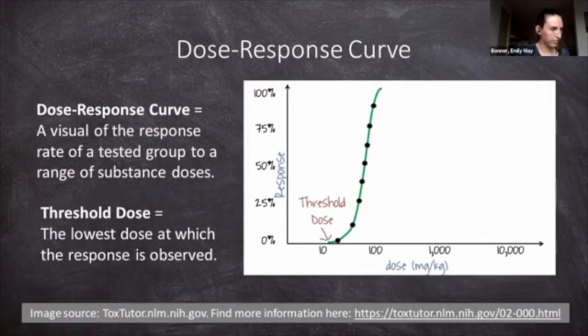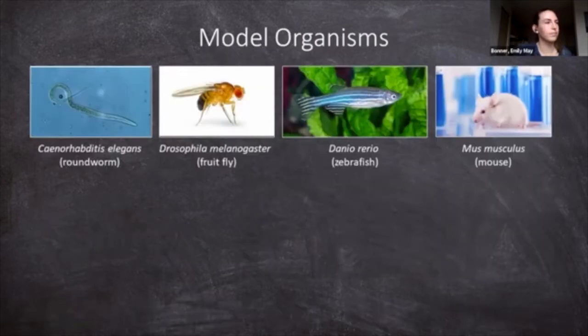This involves graphing the response you observe in an organism or group of organisms after exposure to certain doses of a chemical. A typical dose-response curve shows that as the concentration of a substance increases, the percentage of people or organisms that will experience an effect also increases.